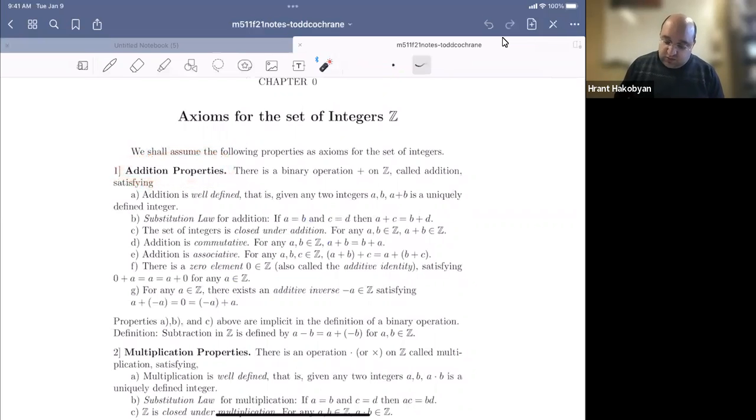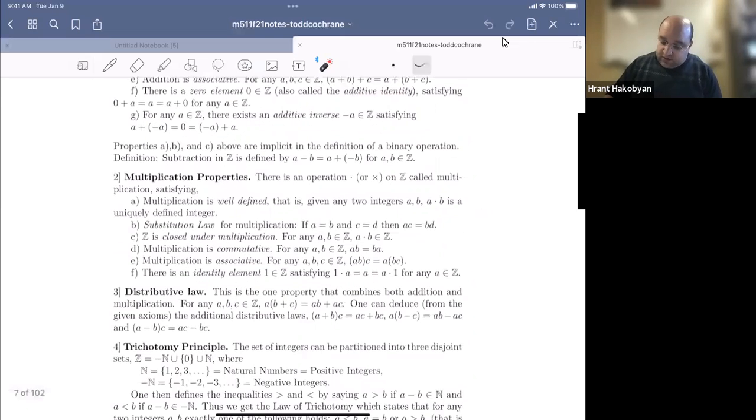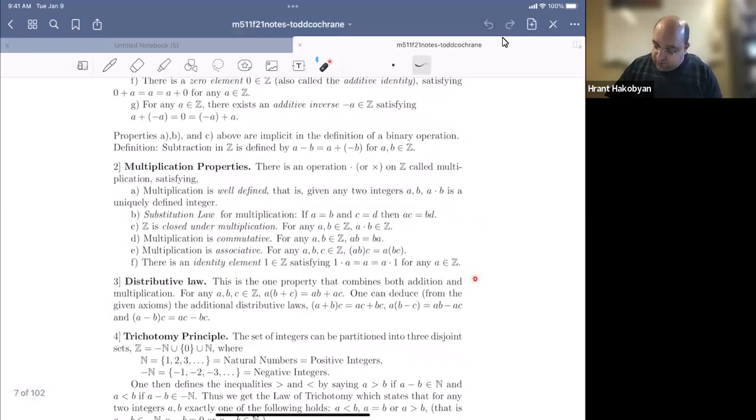So this included substitution law, the commutativity, associativity, the existence of the additive identity and of inverses, and similar things for multiplication. And then I mentioned the distributive law, which connects the addition and multiplication.